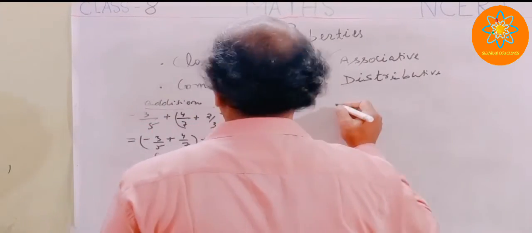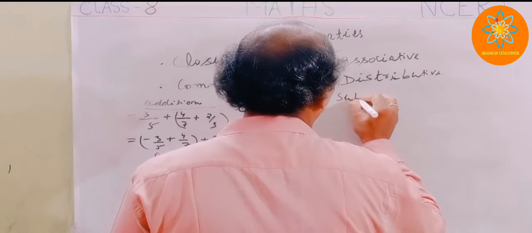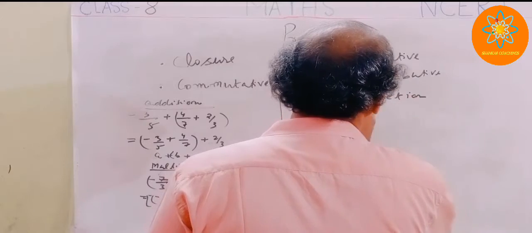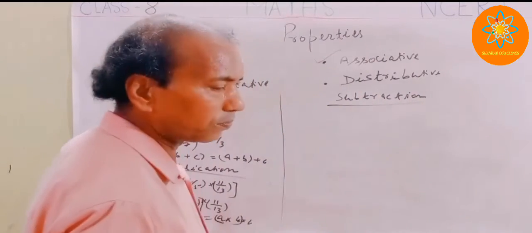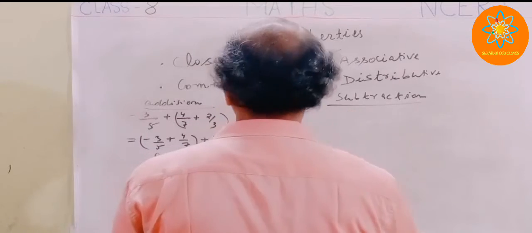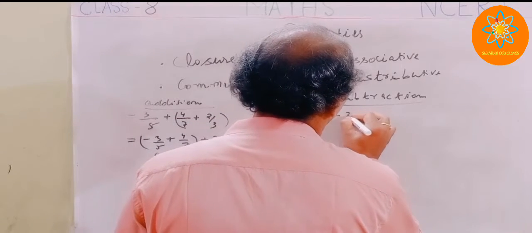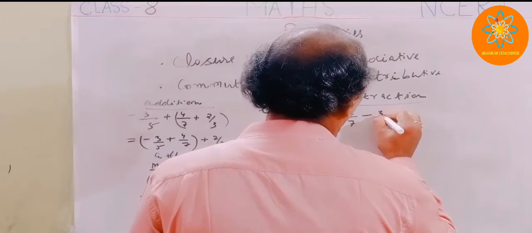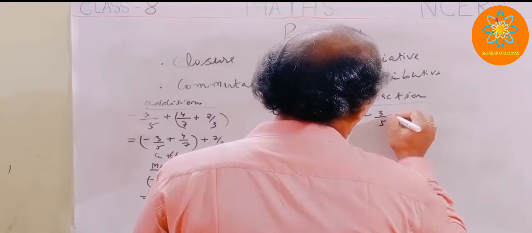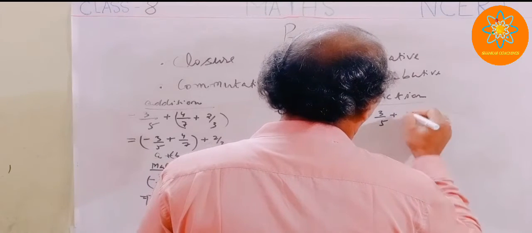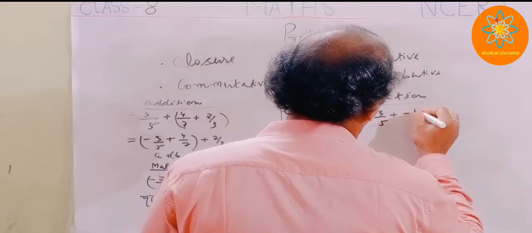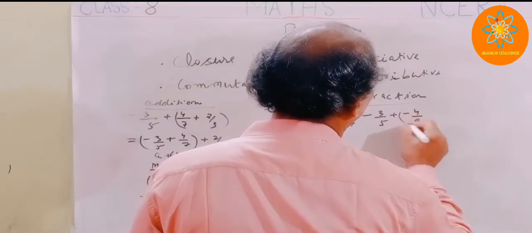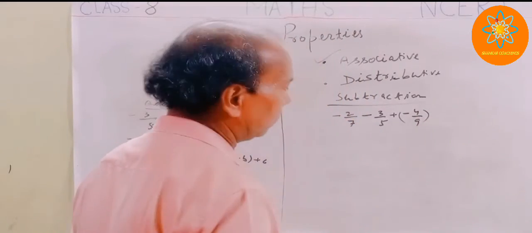Now coming to the third one, that is subtraction. In subtraction, this is not true. Let's suppose I have the numbers minus 2/7, minus 3/5, and minus 4/9.